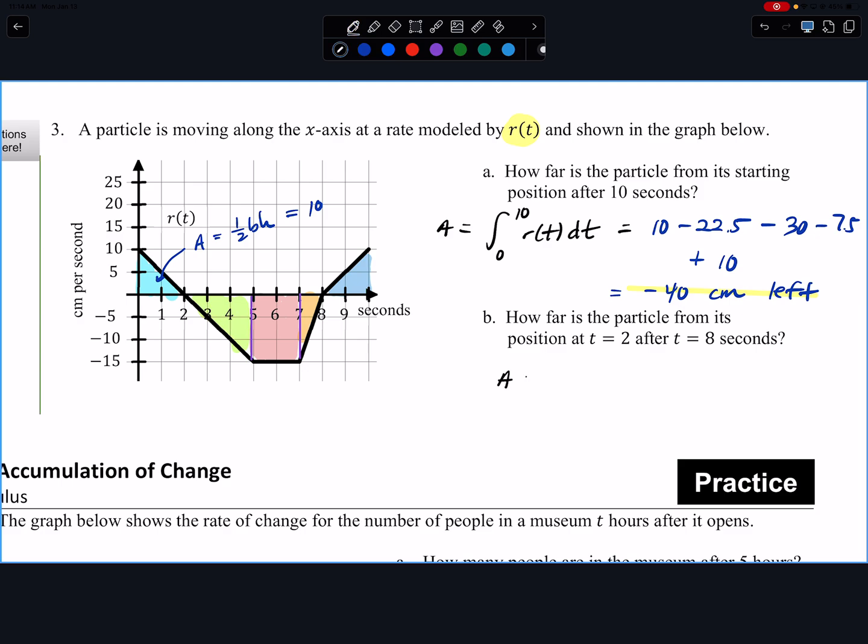So the area is equal to the integral from 2 to 8 of r of t dt, which is equal to negative 22.5 minus 30 minus 7.5. And that is negative 60. Since it's negative, which direction is that? Left. So negative 60 centimeters left.